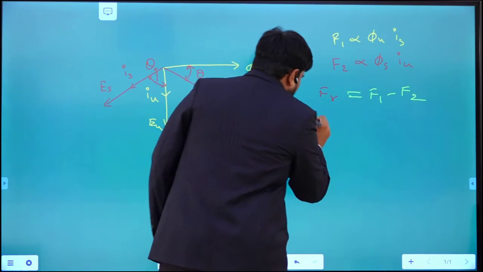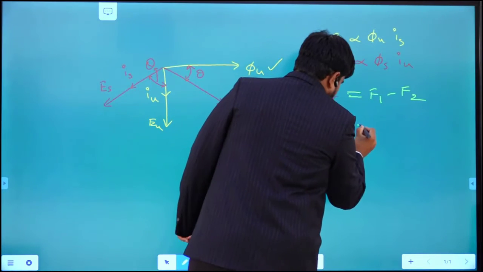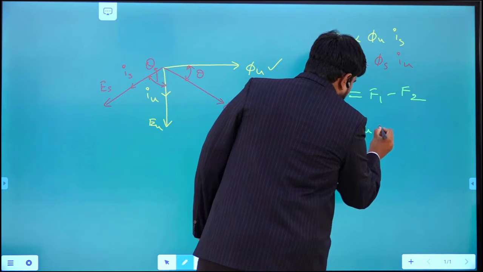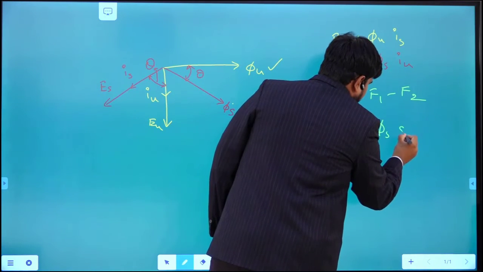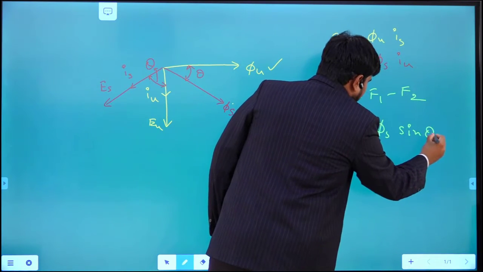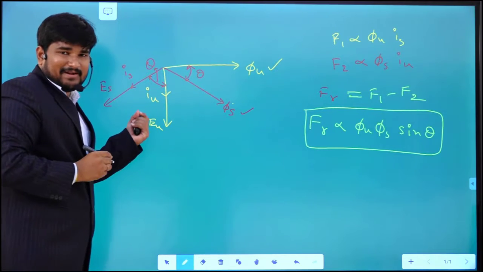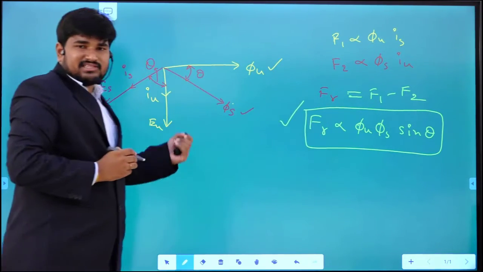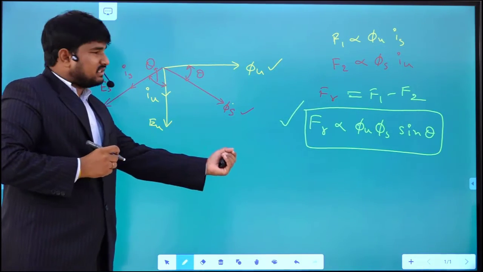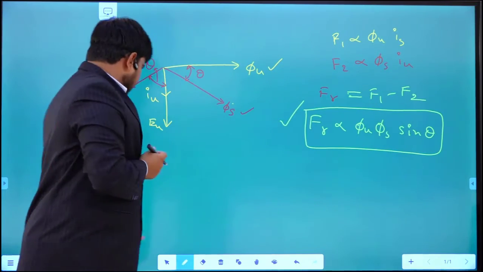The resultant force will be directly proportional to phi u and phi s times sin theta. Theta is the angle between the two fluxes. So this is the principle of induction type relays. In case of the shaded region, it will be split like this. So this is our shaded pole type induction machine.